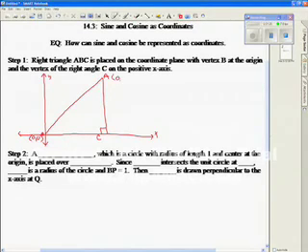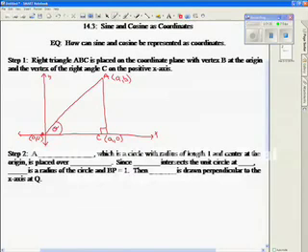A, the coordinate is A, B. And C, the coordinate becomes A, 0 because we're not going anywhere in the y direction. This is our angle that we're going to be talking about, and we're going to represent this with theta. This is something that should be review for all of you.